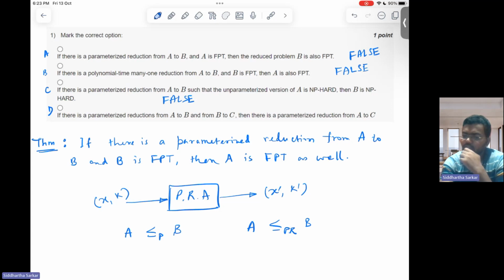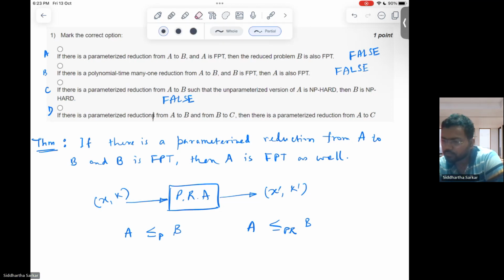If there is a parameterized reduction, that is a typo here. So if there is a parameterized reduction from A to B, and oh, there are two reductions. So this is okay. Maybe we should say if there are.